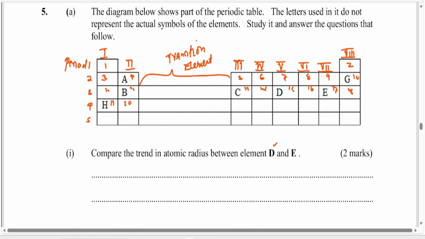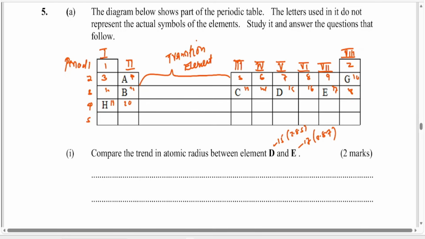D is position 15 in the periodic table. E is position 17. Looking at their respective arrangements, 285 and this is 287. We are trying to look at their radii, comparing the atomic radius, and because they're in the same period, these elements have different radii. And we know as the number of protons increases, the nuclear charge also increases, and that decreases the atomic radius.